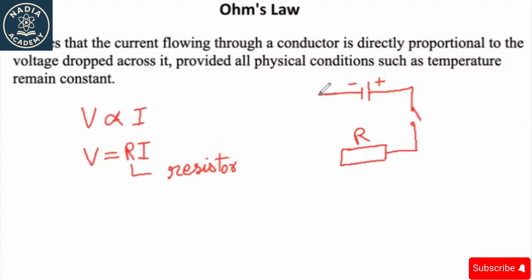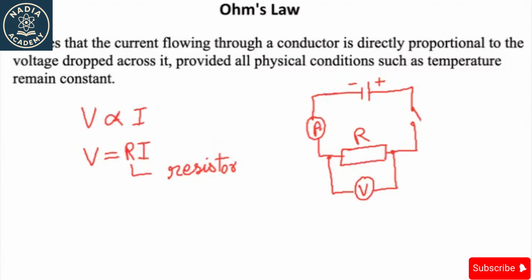Then this battery is connected over here with an ammeter, and then back to the conductor. This conductor is connected with a voltmeter, and this voltmeter is in parallel to this resistor.